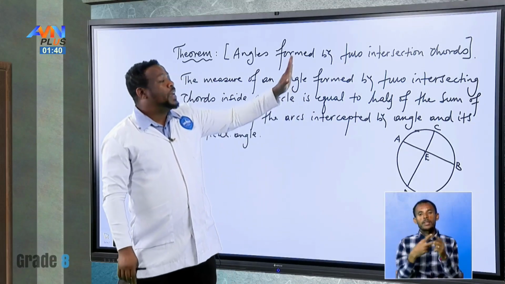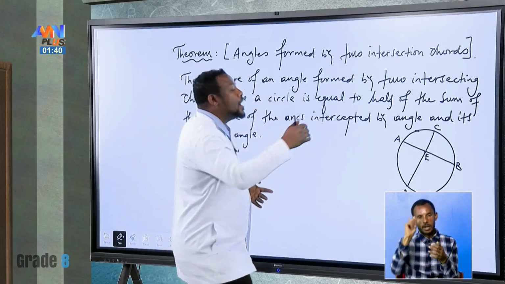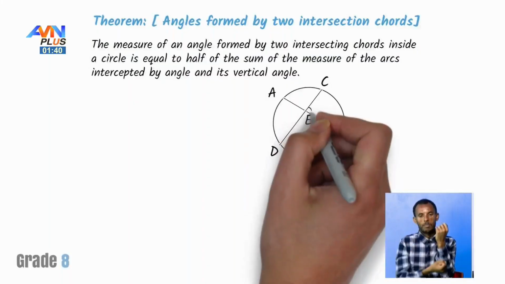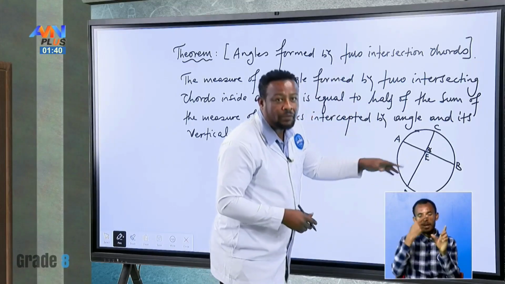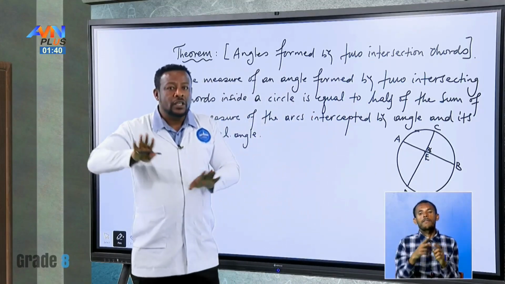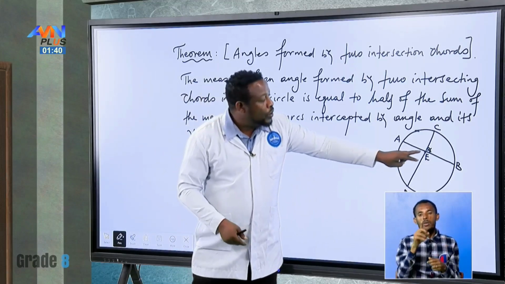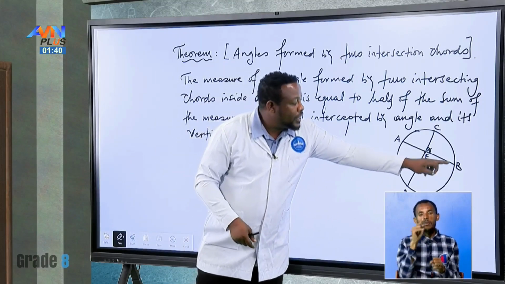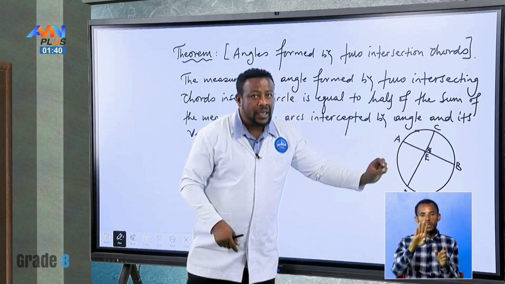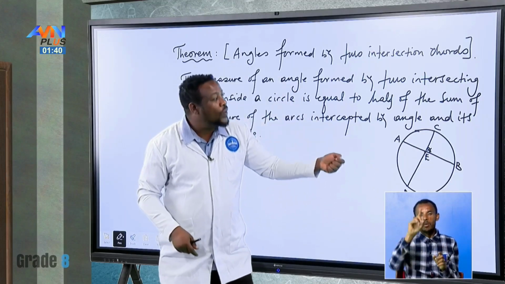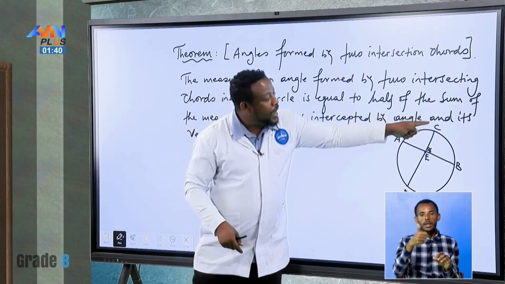Based on this theorem, an angle formed by these two intersecting chords can be this one or this one. Vertically opposite angles are congruent, so it doesn't matter which one you are taking. If you are considering this one, the angle BEC is half of the measure of arc AD plus arc BC.